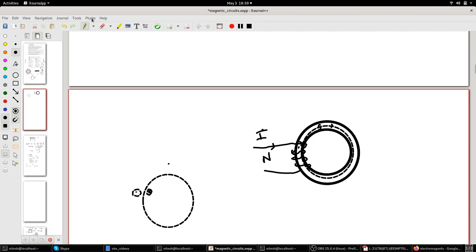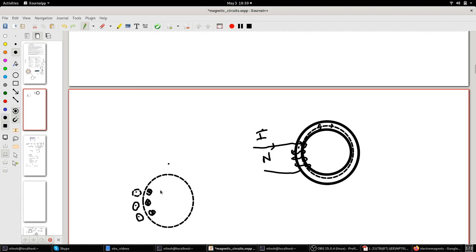Because of the wire, it's going in here and coming out on this side. So something like this is what you are going to get.